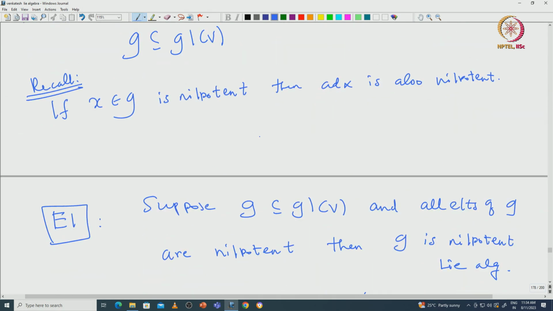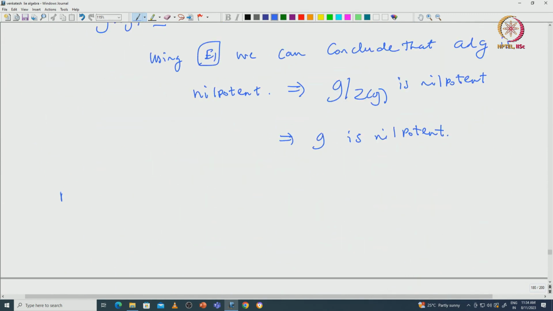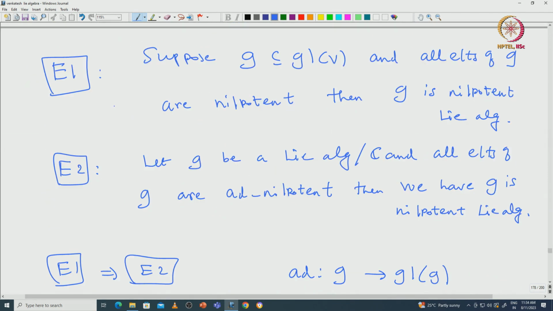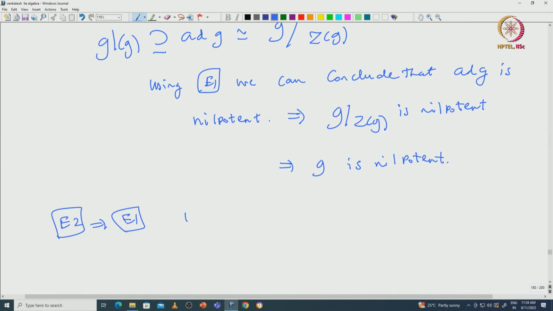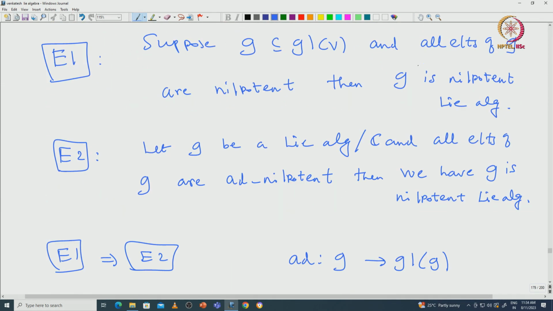So E2 implies E1 can be proved using just this remark, let me call it remark 1. You start with G such that all elements of G are nilpotent. Then using remark 1, all elements of G will be ad nilpotent. That would imply that G is nilpotent.